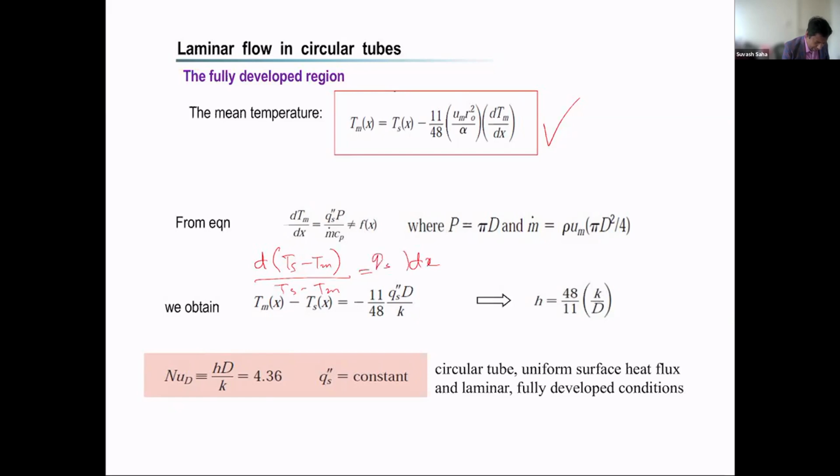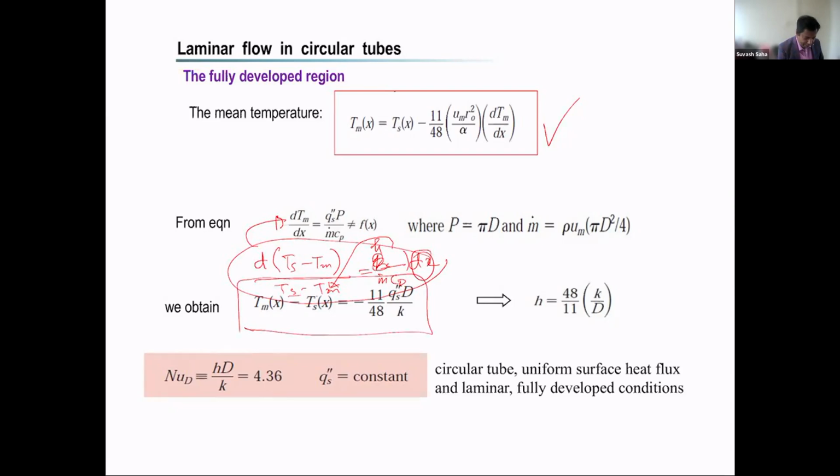Qx is our h times Ts minus Tm, and then we have m dot Cp. So after rearranging all of this, we get this equation. We take the dx just below that one. When you get this, then we can do the integration.